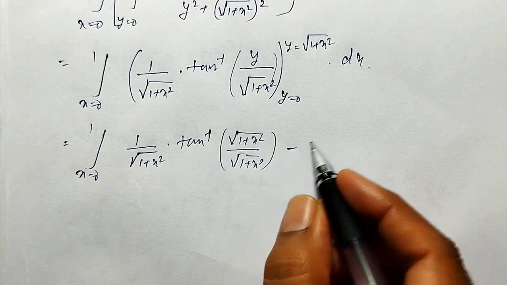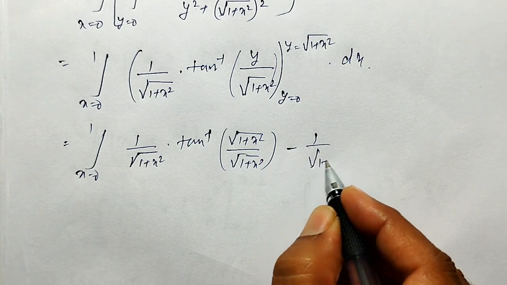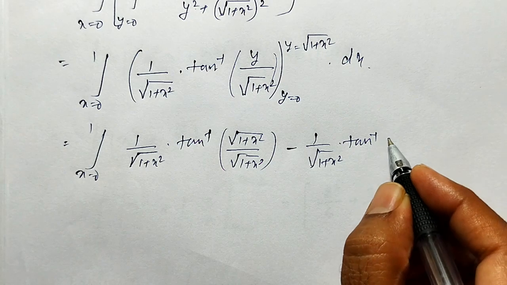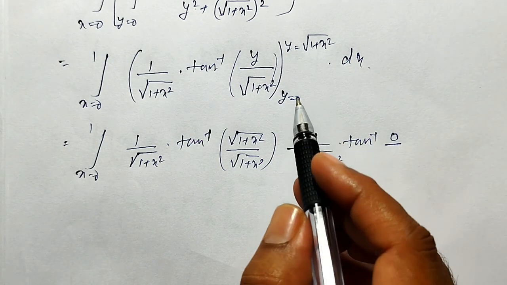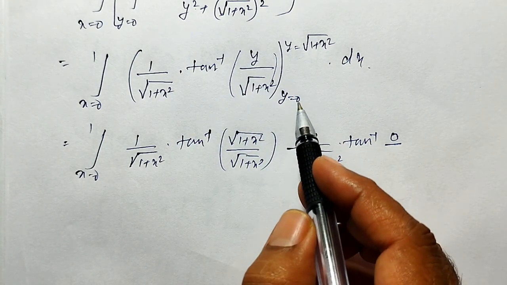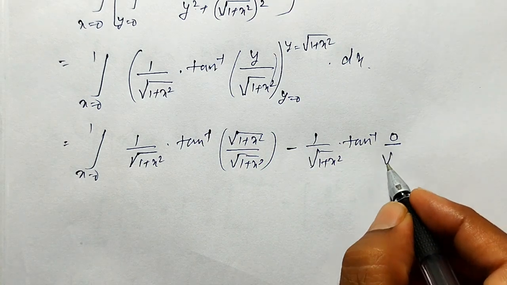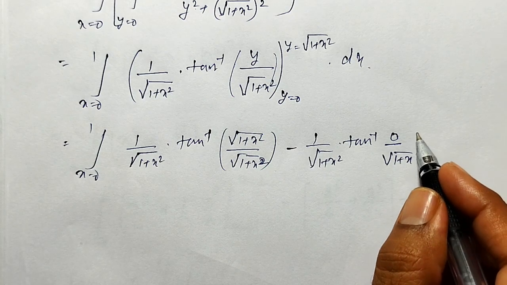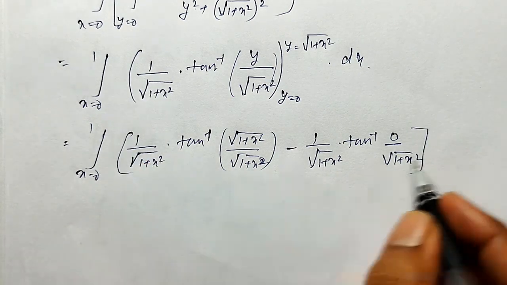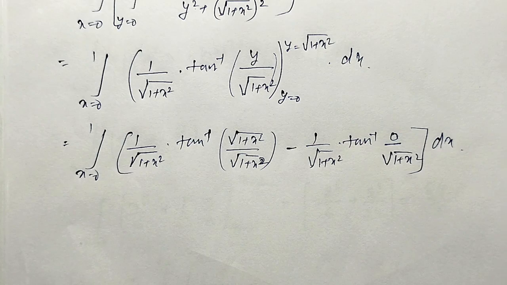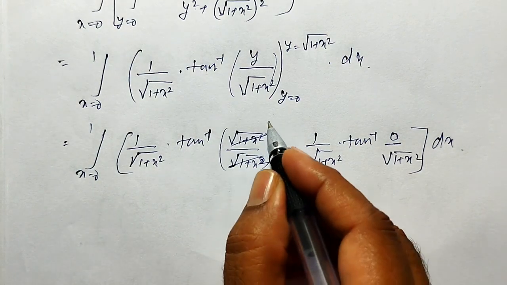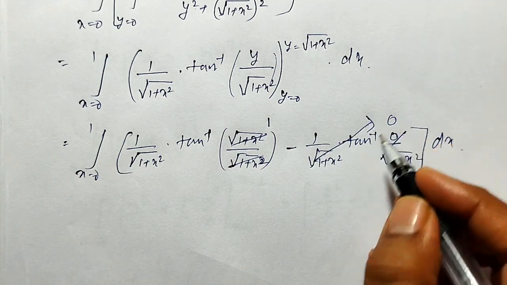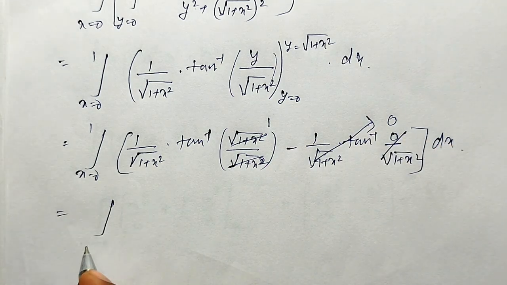This is the upper limit, minus 1 divided by square root of 1 plus x square into tan inverse of 0, y replaced by the lower limit 0 divided by square root of 1 plus x square, into dx as it is. While simplifying, this and this cancel, equal to 1, and this will become 0; 0 into anything will become 0.